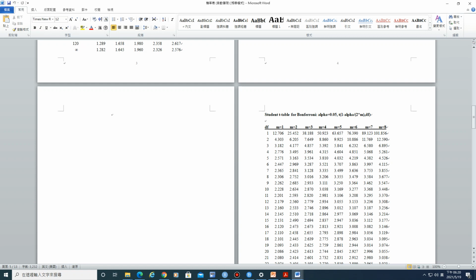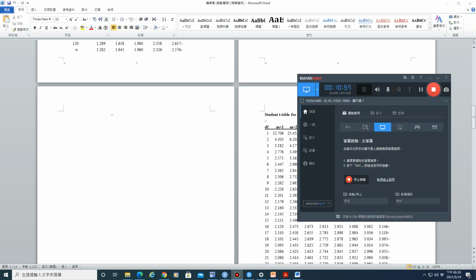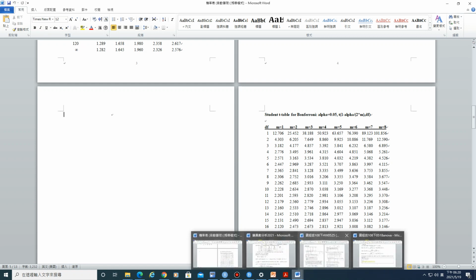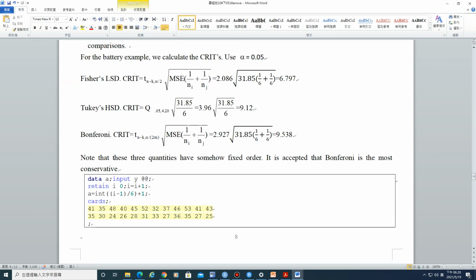So we're using Fisher. The percentile is 2.084. And when M is 6, it is 2.927. So 2.927 multiplies the same thing, the standard error.